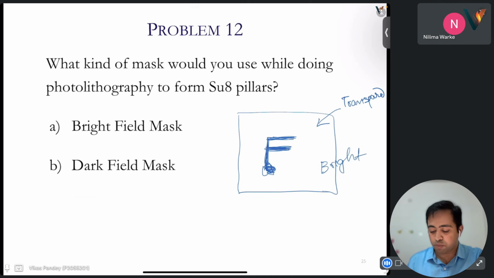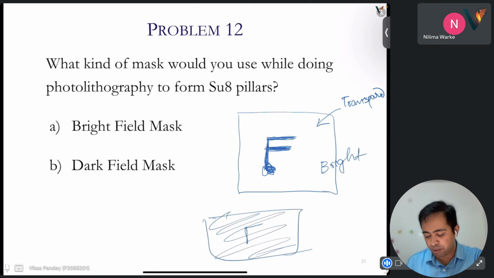And the opposite of it, if we have something which is fully dark, but we have the pattern cut out, that is a dark field mask because the maximum area is dark.